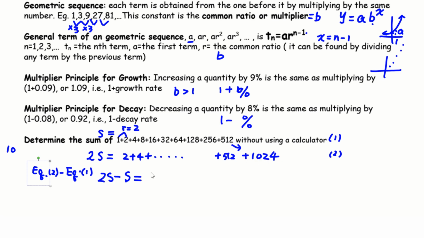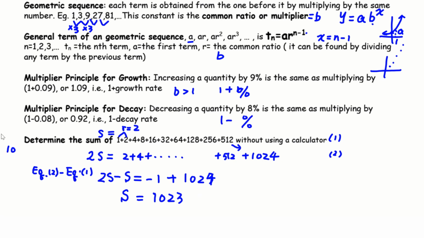You will have minus 1 plus 1024. Collecting like terms, 2S minus S gives you S equals 1023. This is the sum.